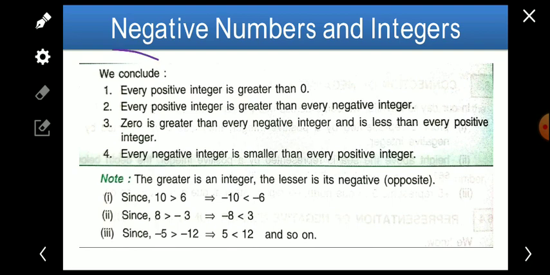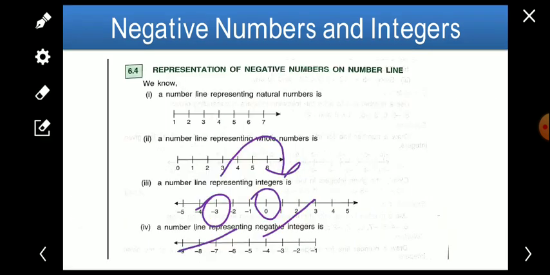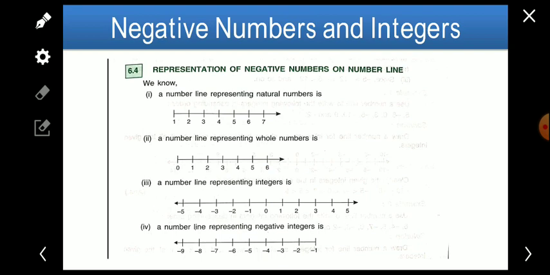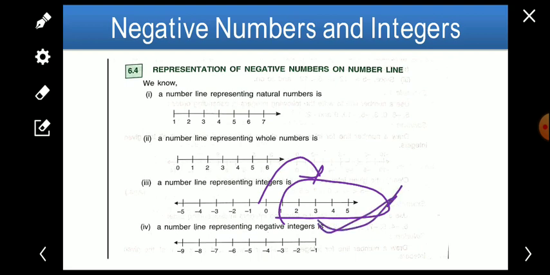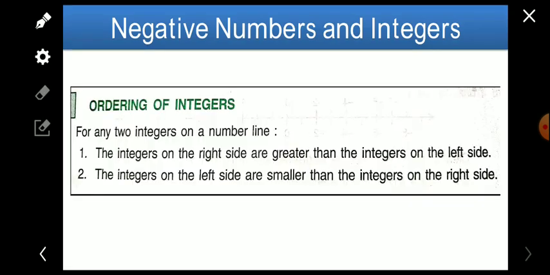Now what we conclude till now is that every positive integer is greater than 0. I have already explained that every positive integer lies on the right side of 0. It means these are greater than 0, because these numbers lie on the right side of 0.